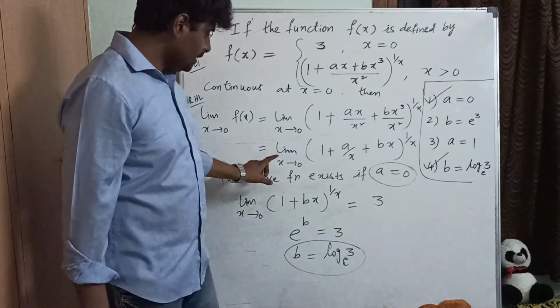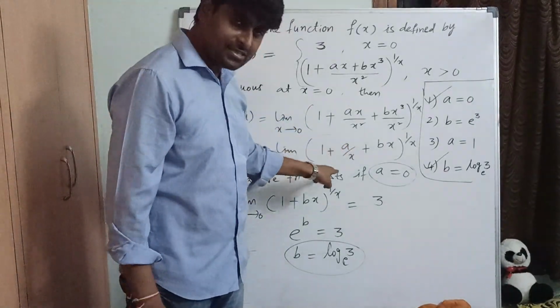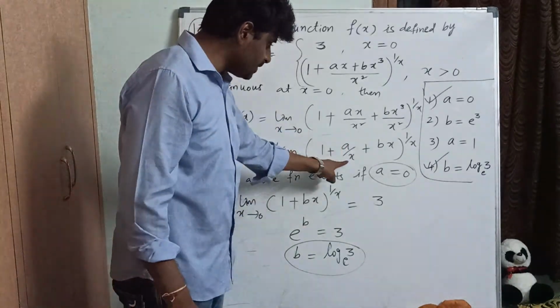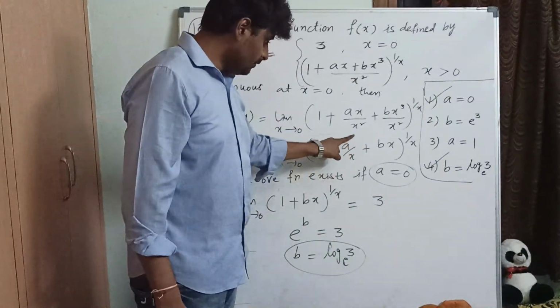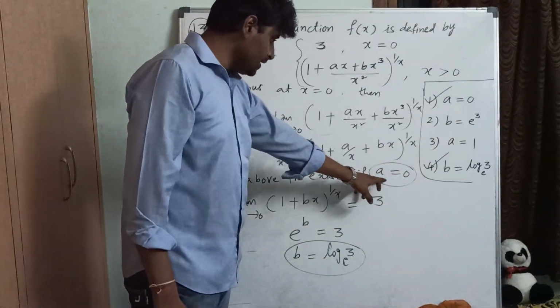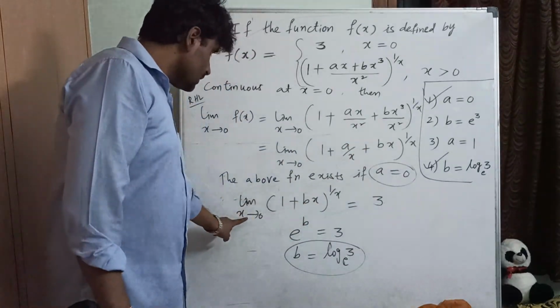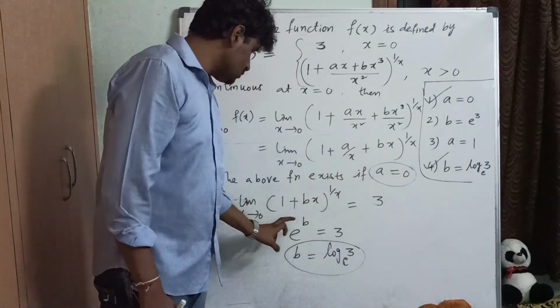Now generally for every function where x tends to 0, there should not be a something-by-x term. So this part must be 0. Then whenever this part is 0, the value of a also must be 0. So now by substituting a equals 0, let us rewrite that function again. So the limit as x tends to 0, (1 plus bx) whole power 1 by x.